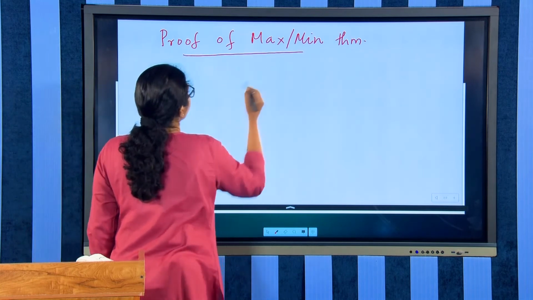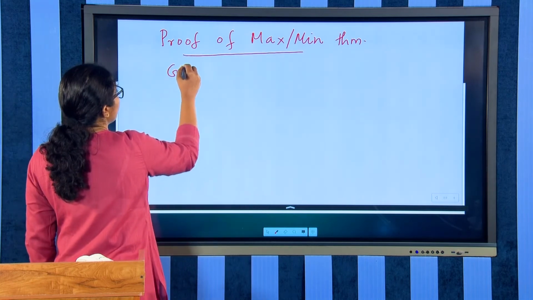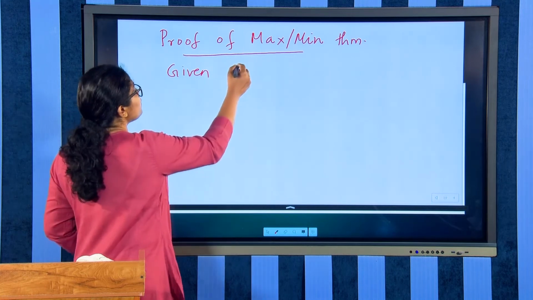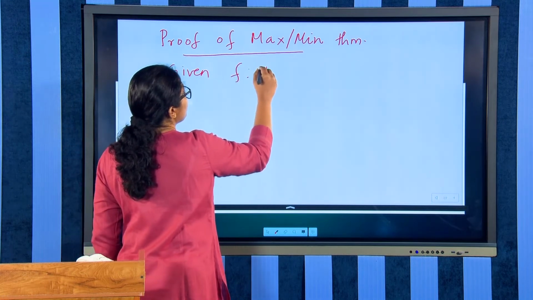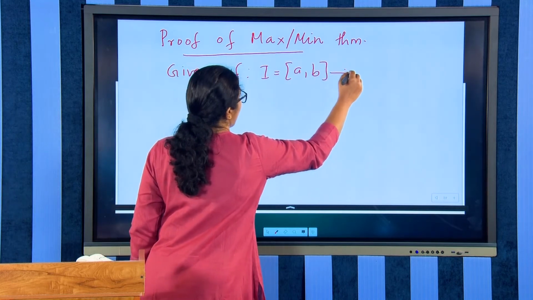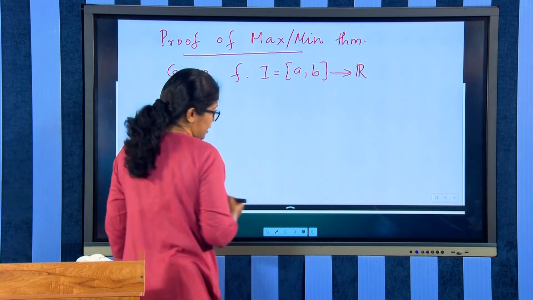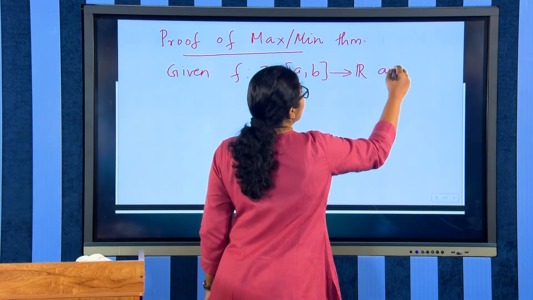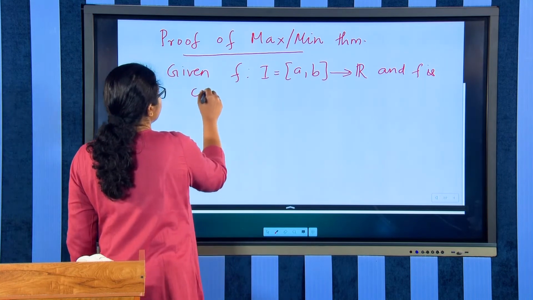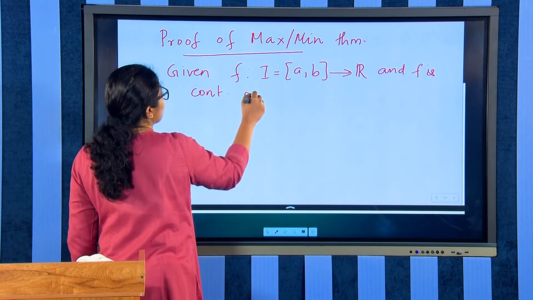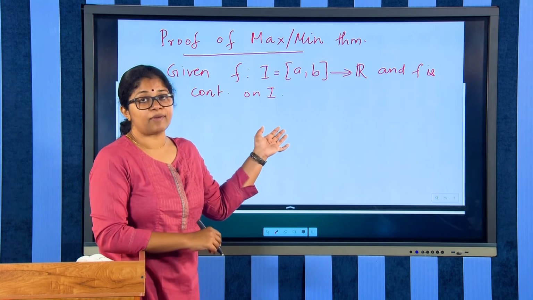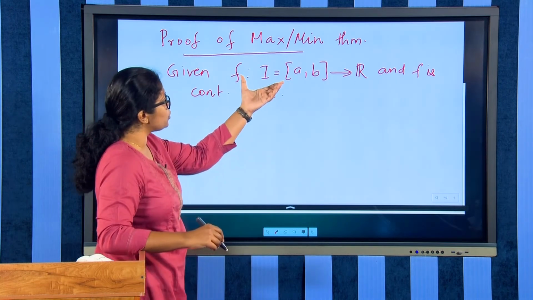We will start with what are the given conditions. Given f is defined on some interval I equal to closed [a, b] to R, and f is continuous on I. So, just previously we have learned a result for the same sort of function.